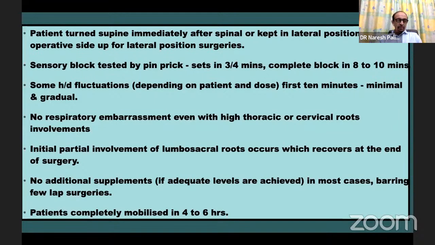There is usually no respiratory embarrassment even with high thoracic or cervical root involvement, as mostly it is a sensory block. There is initial partial involvement of lumbosacral roots which can occur when high doses are used, but that usually recovers by the end of surgery. No additional supplements are usually required in most cases, barring a few lap surgeries where you may need some sedation. Patients can be completely mobilized in 4 to 6 hours.